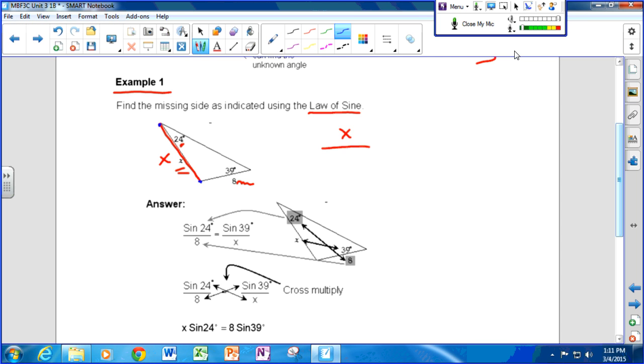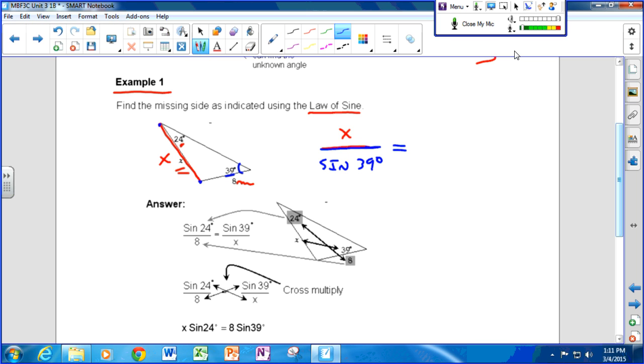And this angle, which doesn't even have a measure, but we could figure it out, touches x on the other side. The only angle that doesn't touch x is this right here. So that's the one we want. We want the angle that's opposite the side. And then we're going to say the sine, in this case, of 39 degrees. Okay, so there you go.